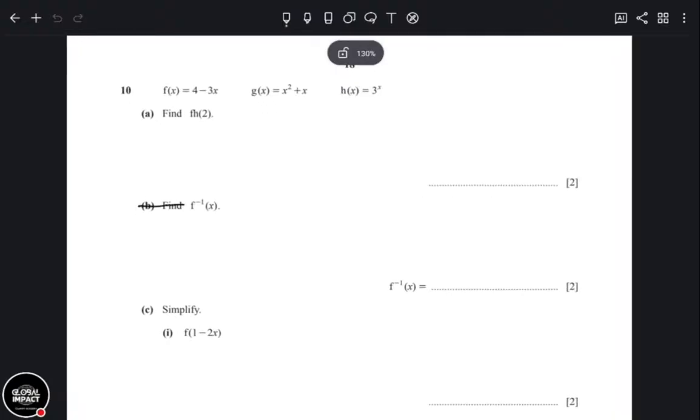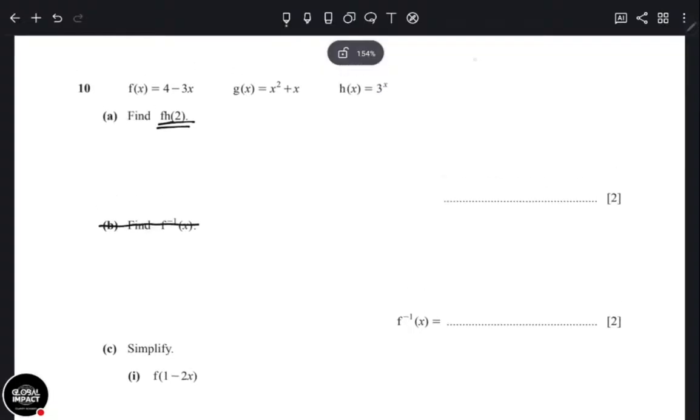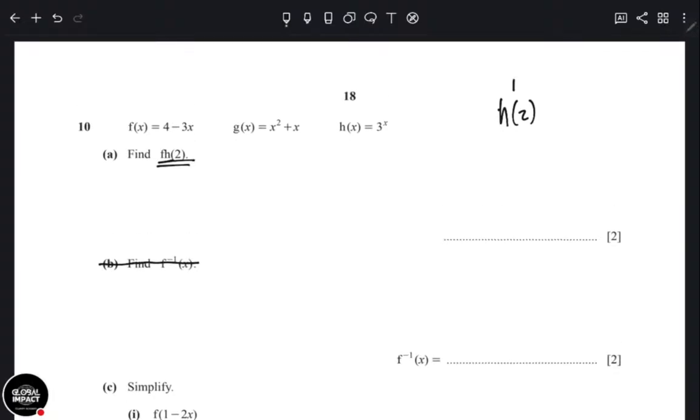For inverse, we are not looking at it today. We want to do these ones. Remember, you can just be asked, find h of 2 like this. This is substitution. If they say find f of 2, you are putting 2 inside h so that you get an answer.